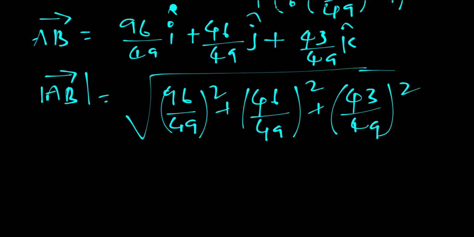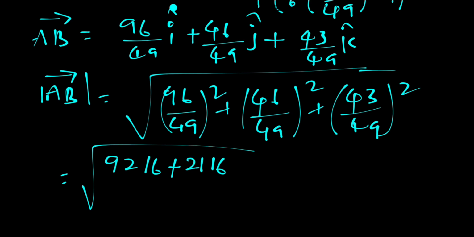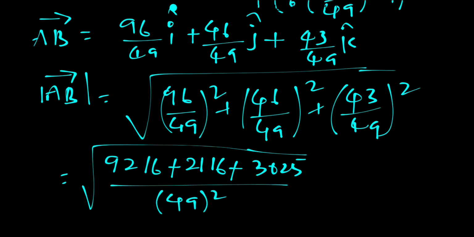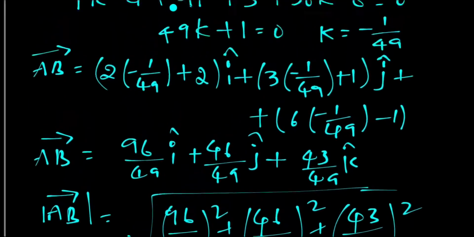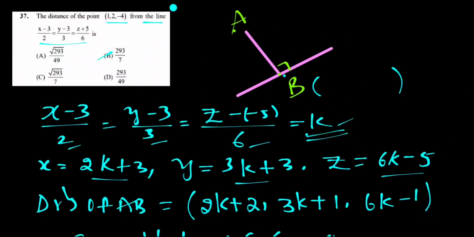We will get square root of 9216 plus 2116 plus 3025 divided by 49 whole square. So total answer you will get here is root 293 divided by 7. So correct option is B. This is the longest problem in the total paper.